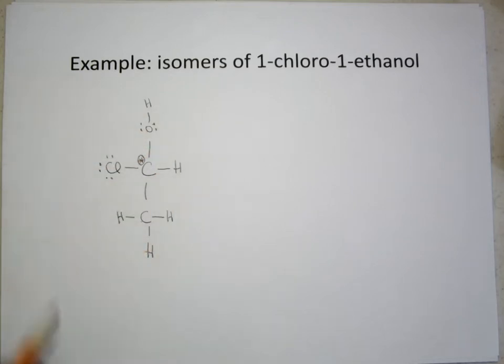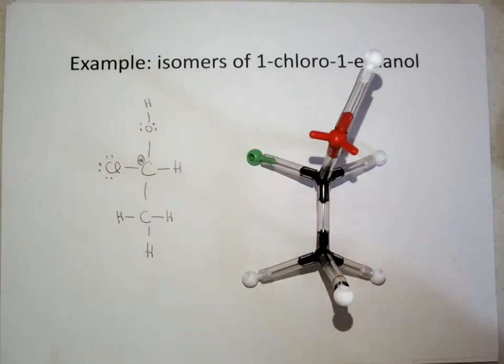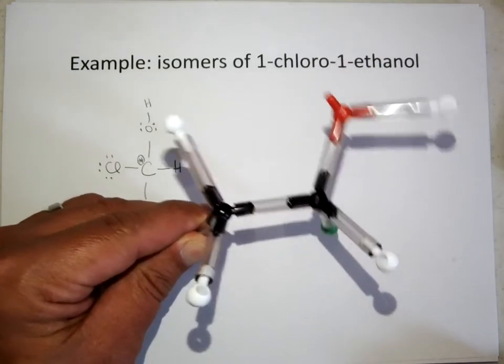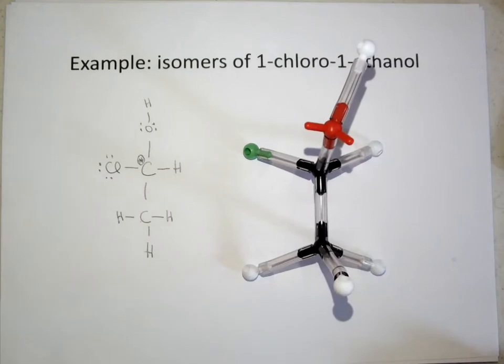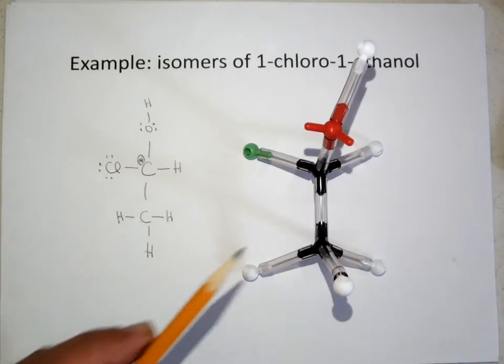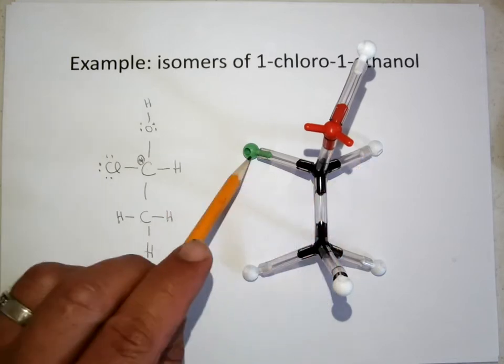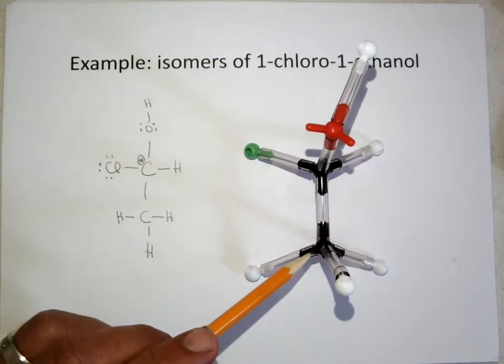This drawing does not have chirality because it's planar. But if I were to build this molecule, ta-da, and this I consider to be my mascot for chirality and optical isomerism. It looks like a cute little doggy. Bark, bark. And this guy, now you can see the OH group, the hydrogen, the chlorine, and the methyl.